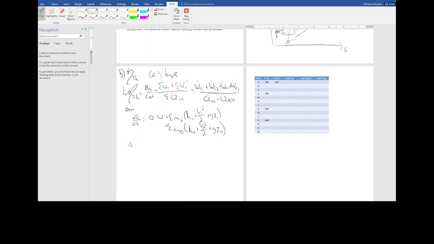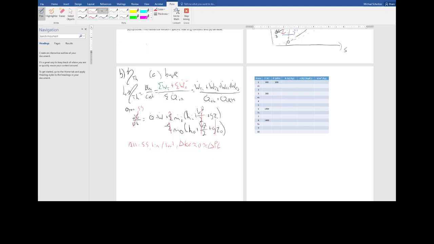All of my components are going to be at steady state. They're all one inlet and one outlet, at least all of these 5 components here. I'm going to neglect kinetic energy changes and potential energy changes, so that's going to go to 0.